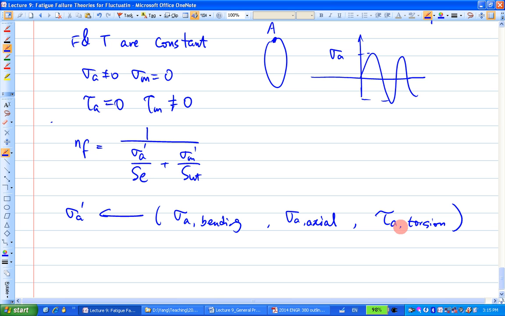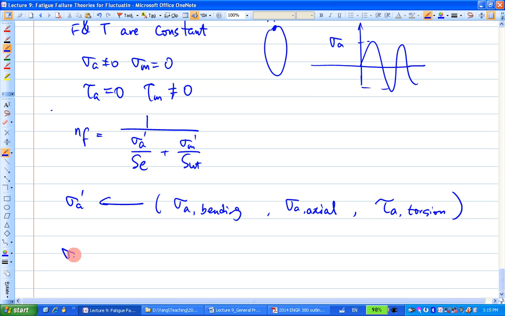So we're going to calculate the von Mises stress based on this A component. Does that make sense? Okay. So sigma M prime is going to be calculated based on all the M components.